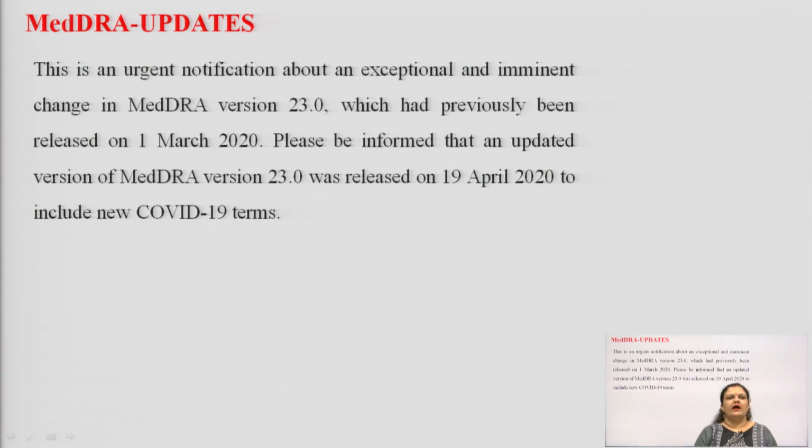So, there is important information. Please be informed that an updated version of MedDRA, the updated version 23.0, was released on 19th April 2020, which includes the new COVID-19 terminologies and their related queries and detailed information. Okay, students, we all know globally we all have been affected by COVID, SARS-CoV-2, since December 2019.